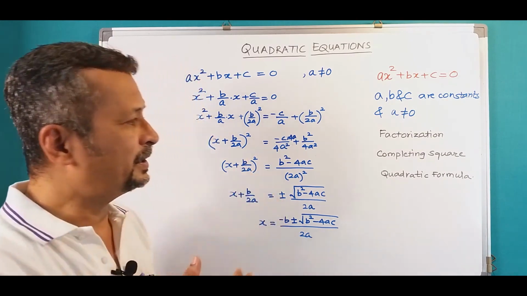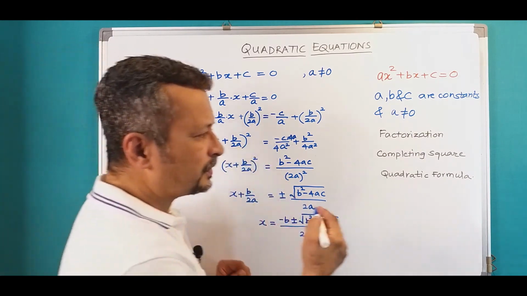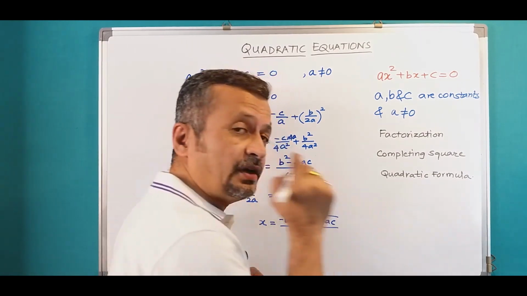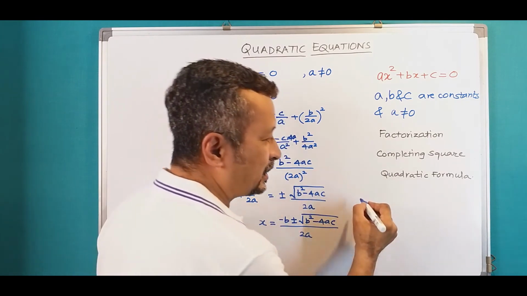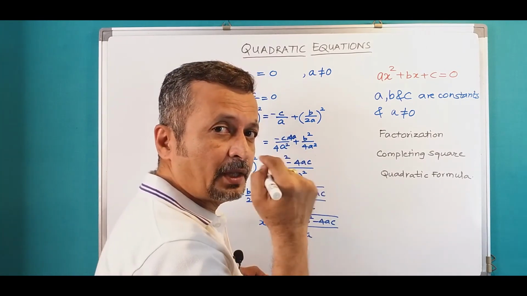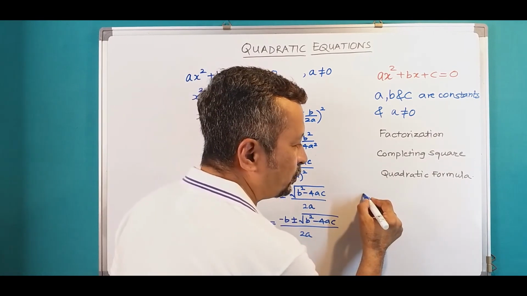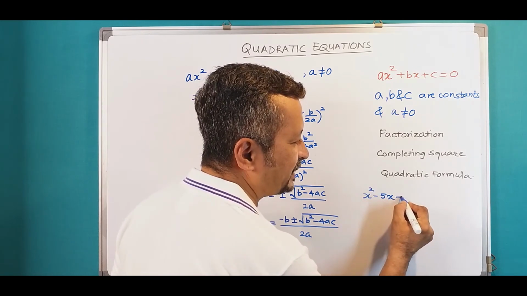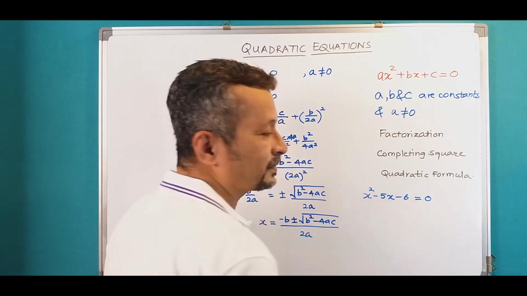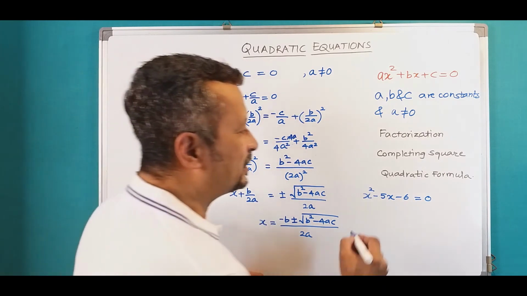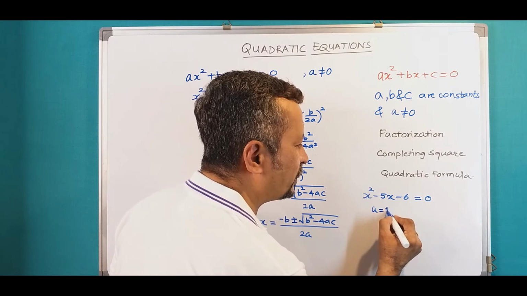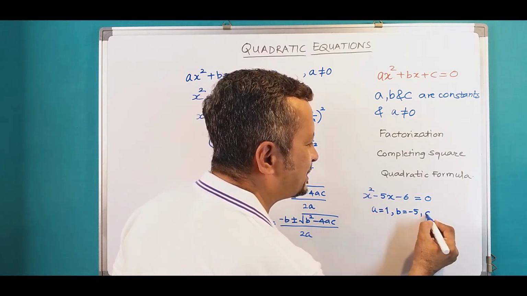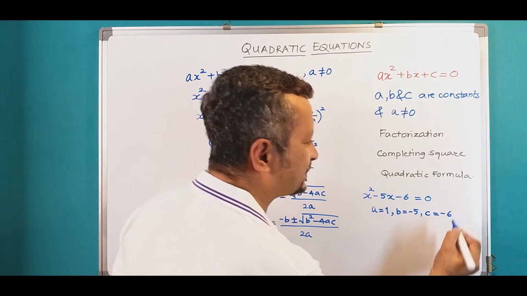So now maybe try solving the equation which we used in the earlier problem where we tried factorizing. So over there, x square minus 5x minus 6 equal to 0. Okay, so now here my a is equal to 1, b is equal to minus 5 and c is equal to minus 6.